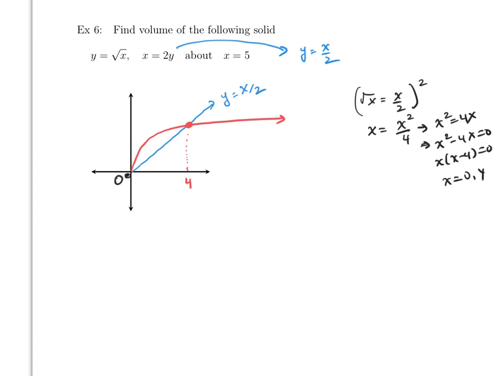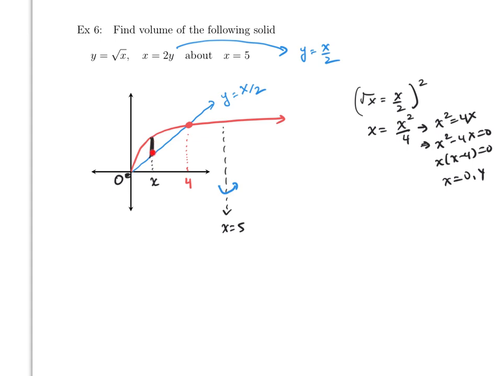0 and 4. Okay? All right, so then notice that from here to here, any place you pick, this is x. This is the partition, because you are rotating on the line x equals 5. So let's say x equals 5 is here. So we are rotating around here.